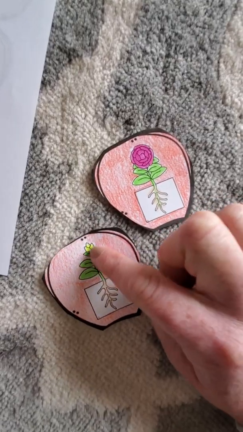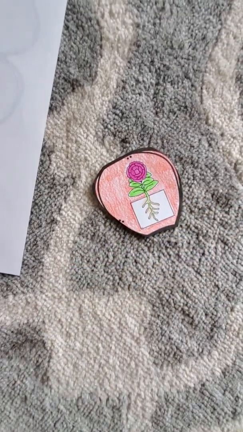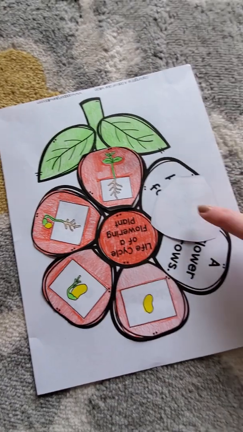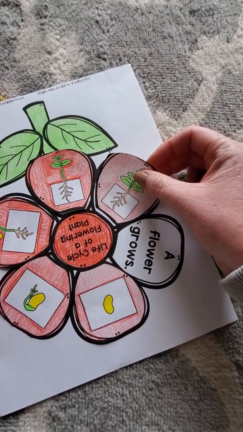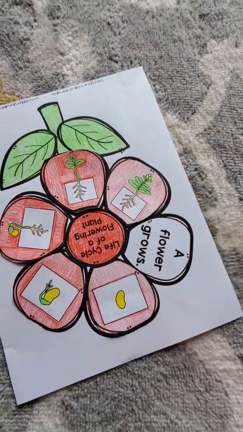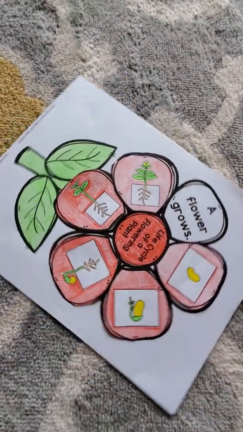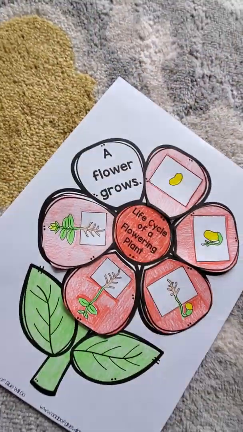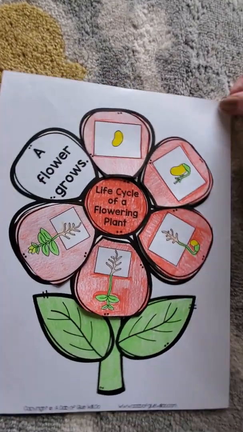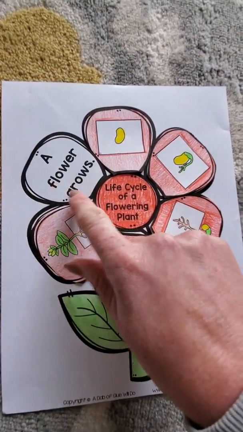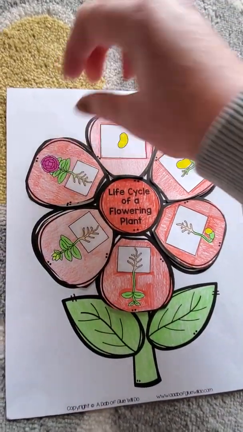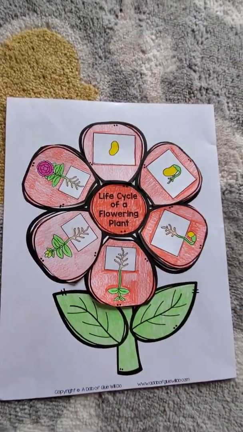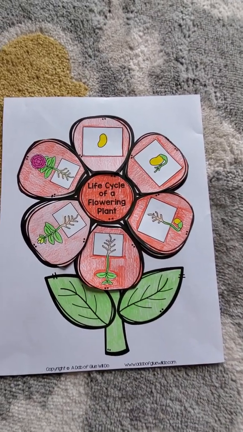Hasn't quite flowered, so that's the bud. And again, you're just going to put a dot of glue, not a lot, or if you can tape it if you don't have glue. And then the last one, let me turn it all the way around. A flower grows. Well, that's our last one. So that is your life cycle of a flowering plant.